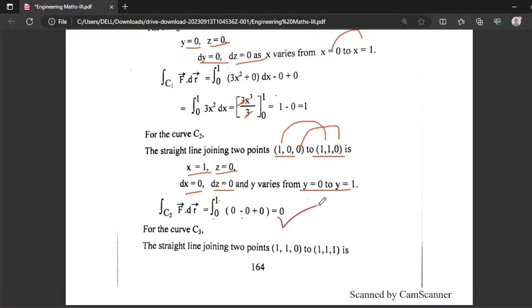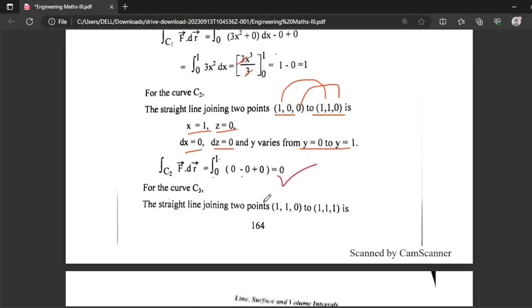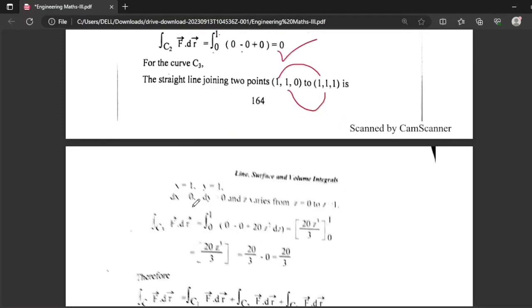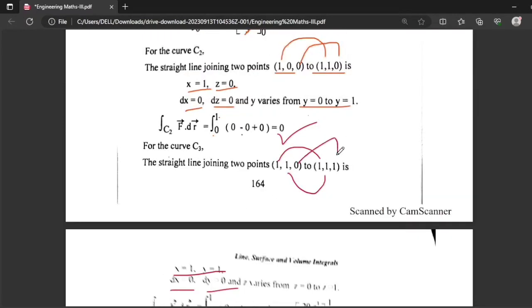For curve C3, x is 1 and y is 1, and so dx is 0, dy is also 0, and z varies from 0 to 1.